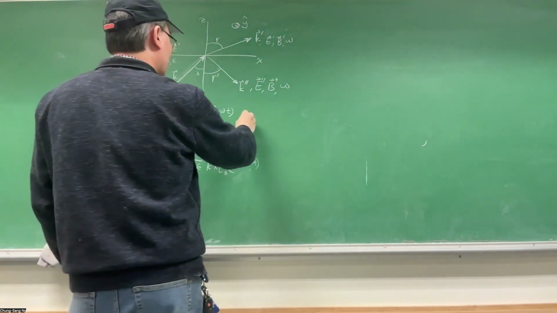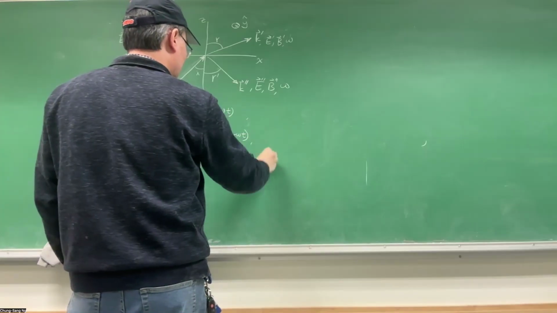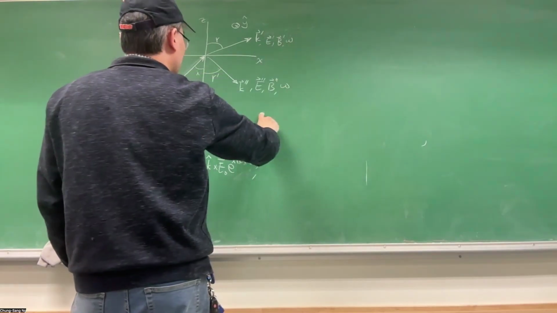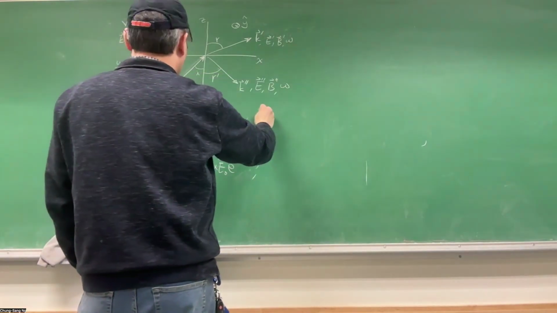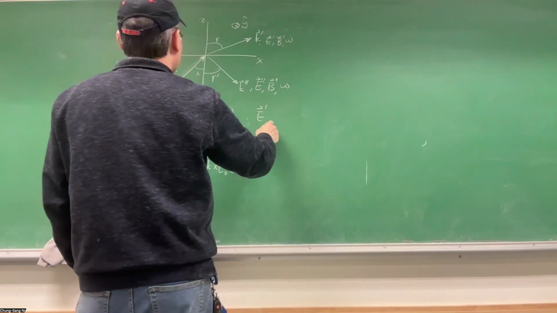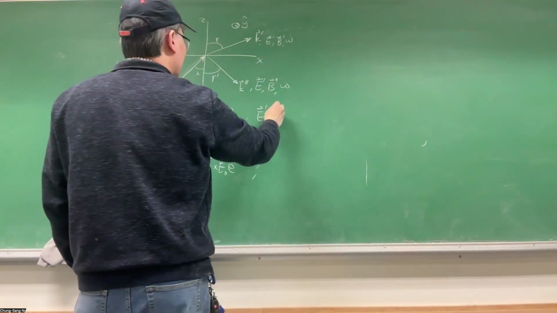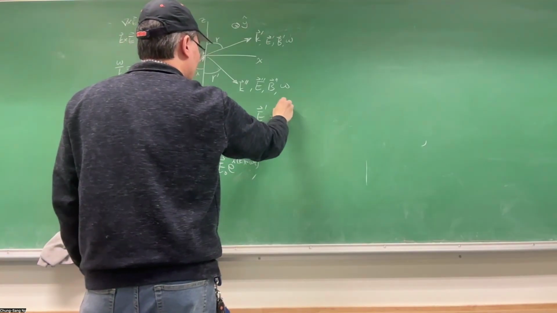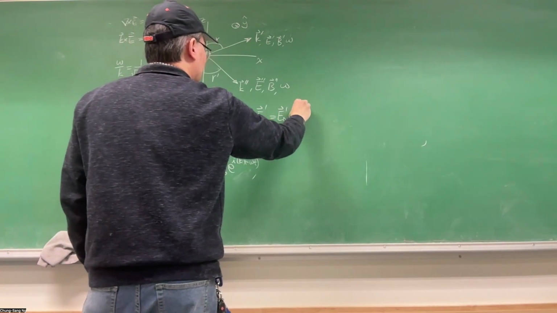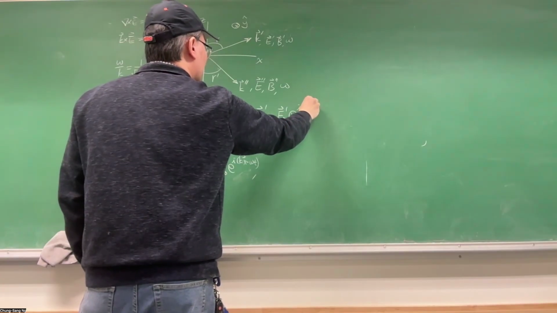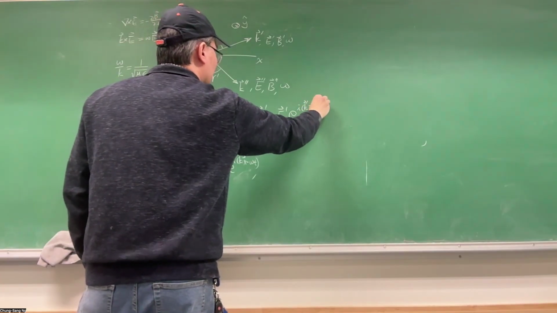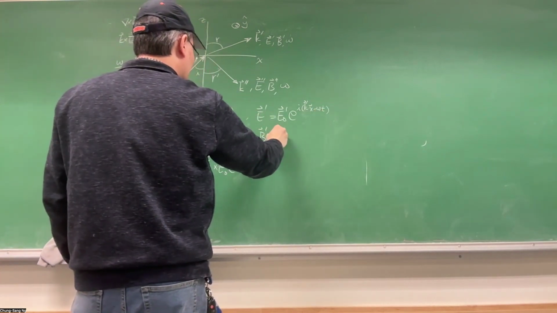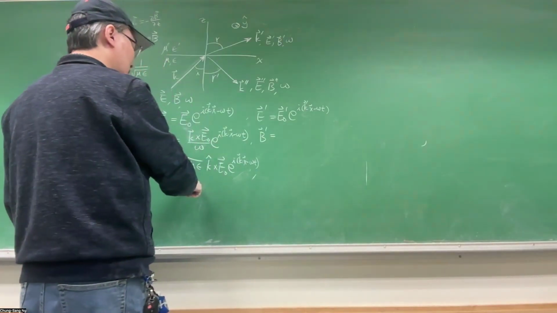Now you keep doing it, the refracted wave on the other side. So we can do basically exactly the same, except that you change to this primed variable. This E prime is E0 prime e to the i k prime dot x minus omega t, and E prime is obviously just like this one.